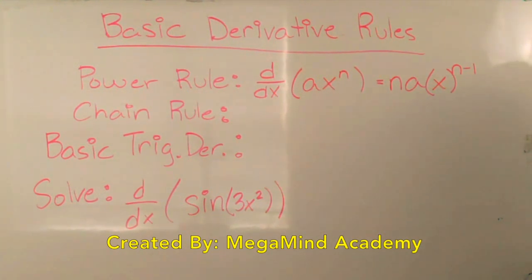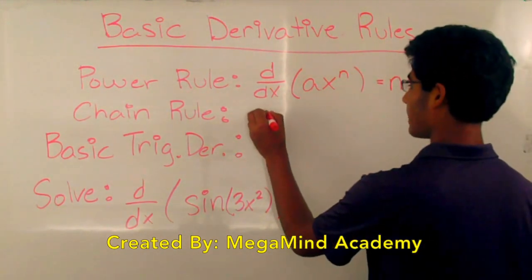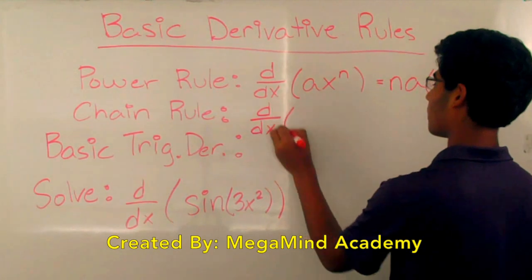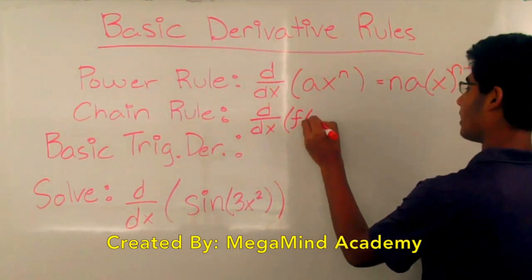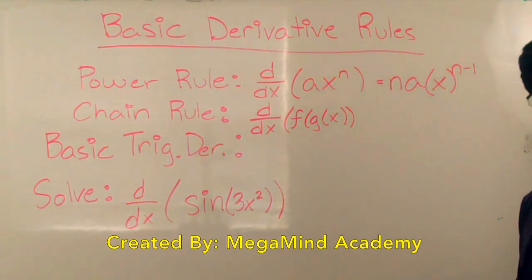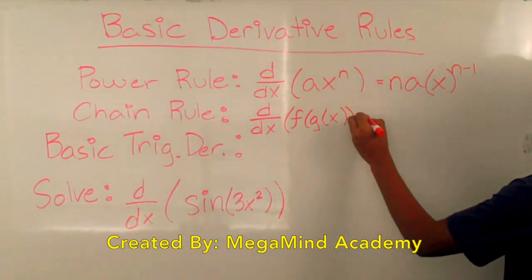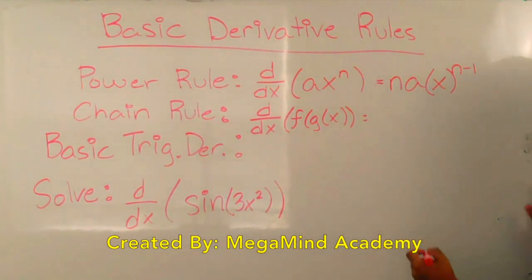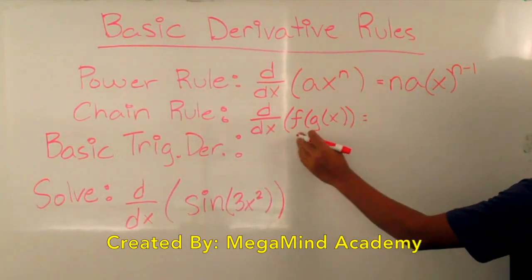Now let's learn about the chain rule. Let's say we have to take the derivative d dx of f of g of x. So you take the derivative of the outer function.